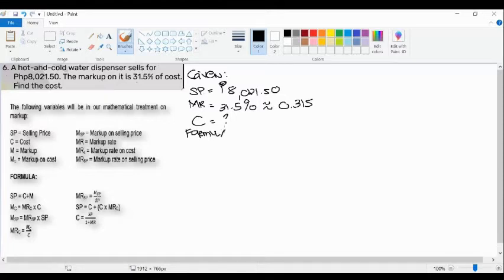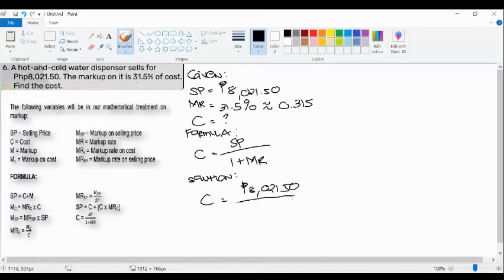So based on the formula that we gave earlier, we're going to use the formula of cost equals selling price over 1 plus markup rate. So your solution would be 8,021 pesos, 50 cents over 1 plus 0.315.